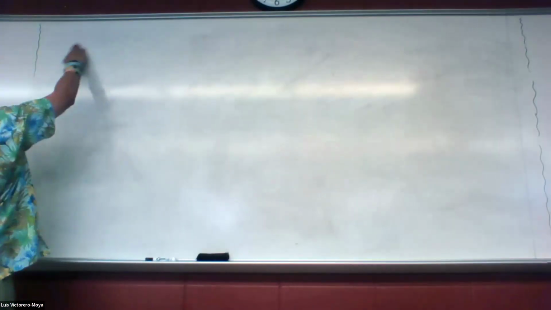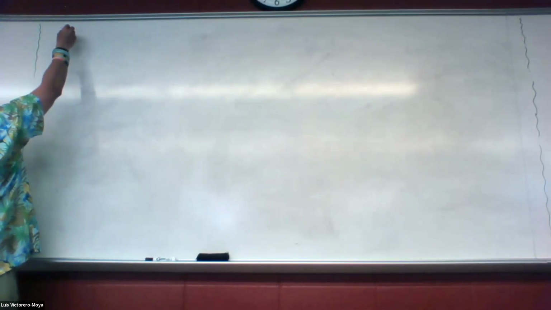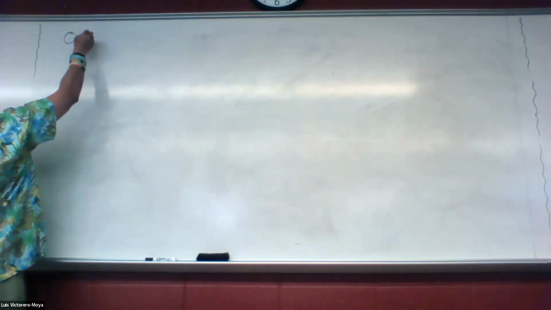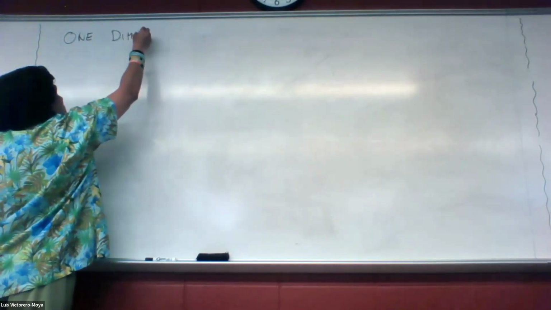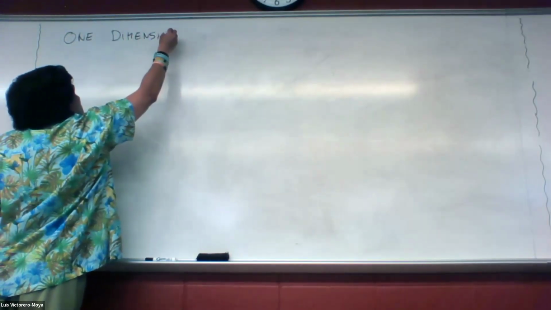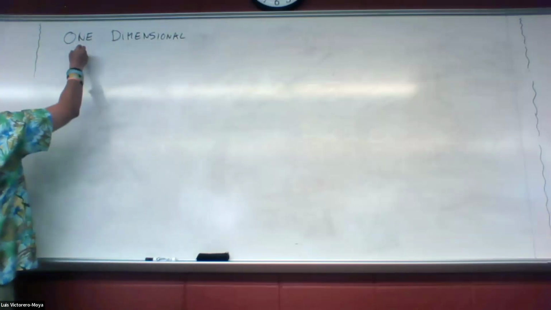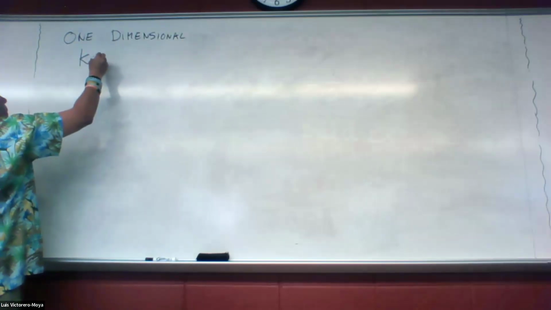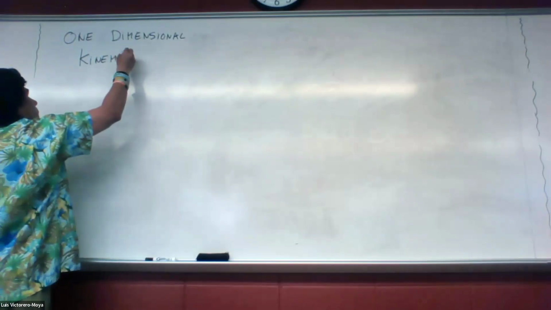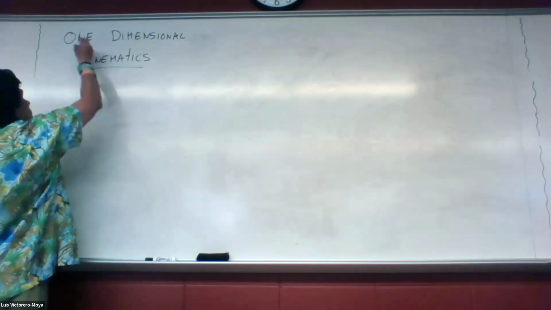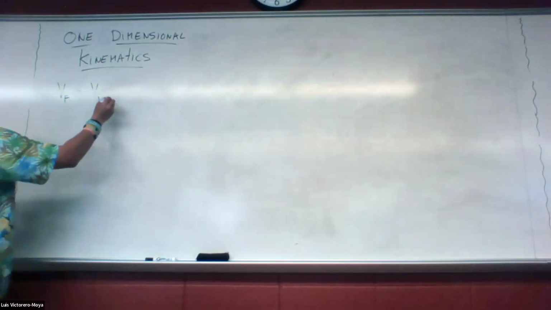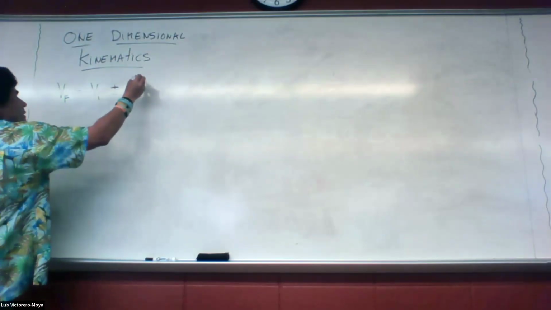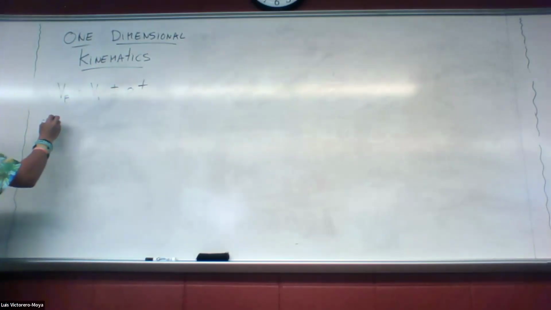For one-dimensional kinematics, we have v final equals v initial plus or minus at.